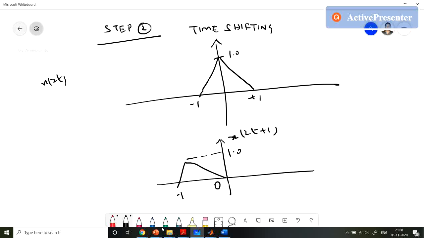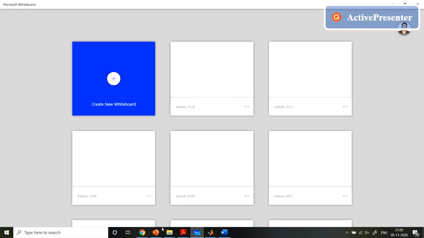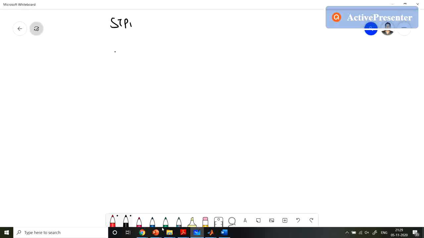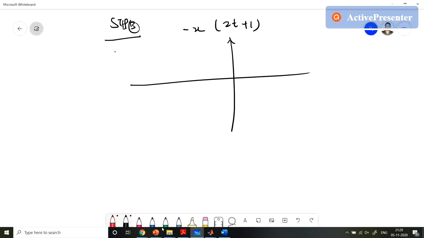In the last step, step 3, we are going to do the reversal, that is x(-2t plus 1). So ultimately y(t) is equal to x(-2t plus 1).